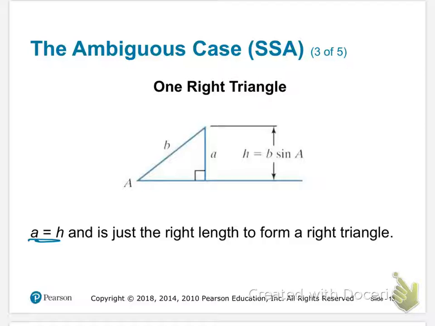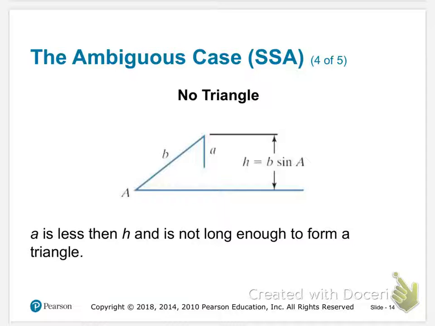So this is if A equals H. No triangle is formed if A is less than H, and is not long enough to form a triangle.